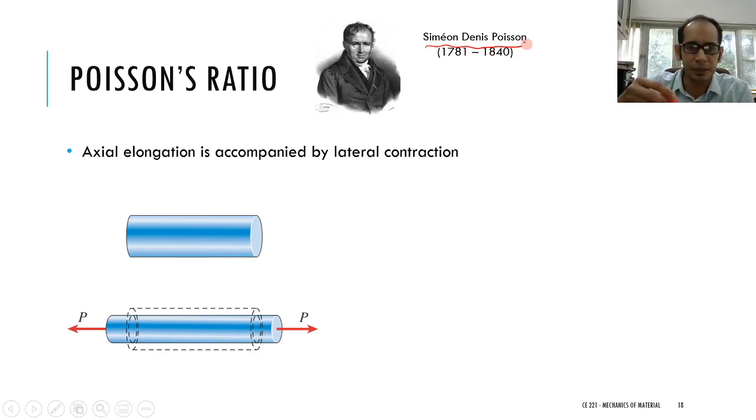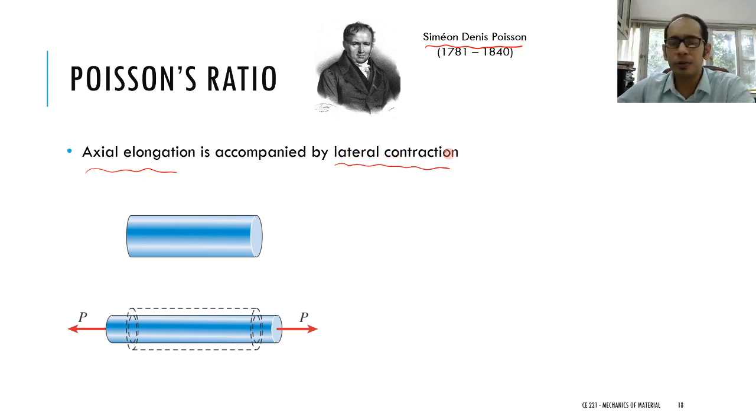If you have a material and you are stretching it, you see that my initial width essentially reduces, right? Or in other words, my axial elongation is always accompanied by a lateral contraction. If this is my structure, axial elongation is always accompanied by the lateral contraction that you have over here.